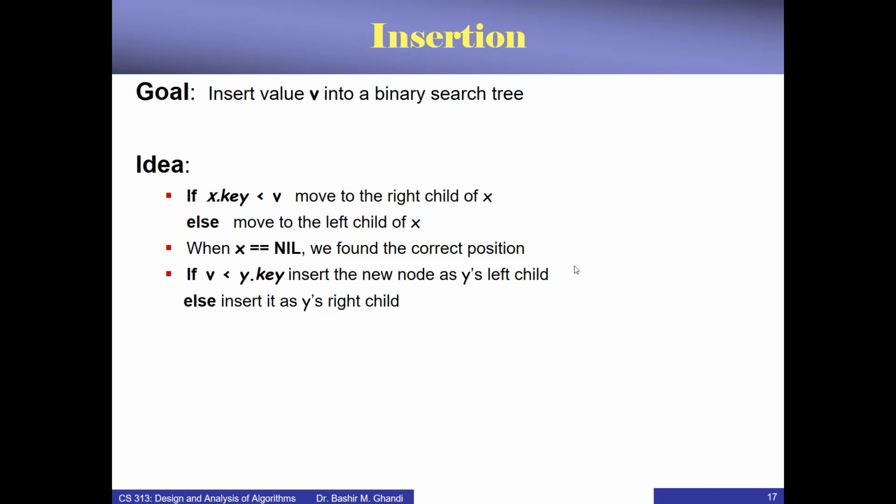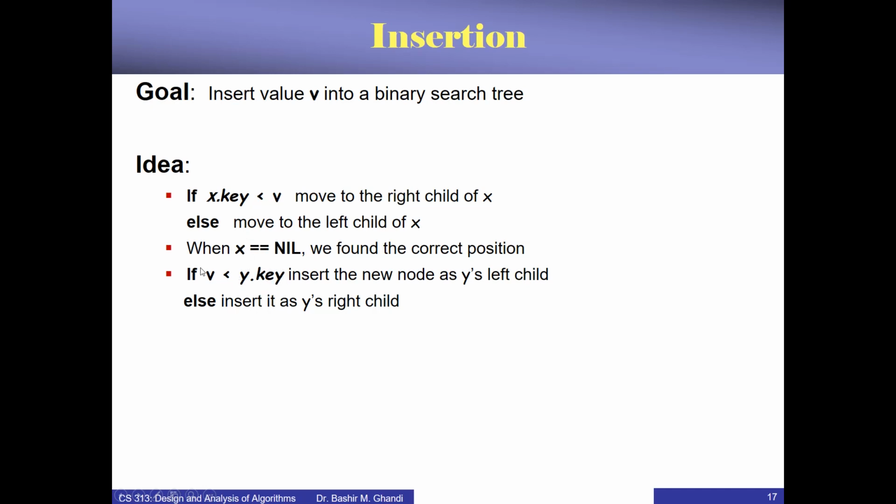At that point, we're going to replace x with the new node containing the key V. So here it says if V is less than y.key, where y is the parent of the x that was null, because we're going to make the new node a child of the parent of x. So the question is which child?